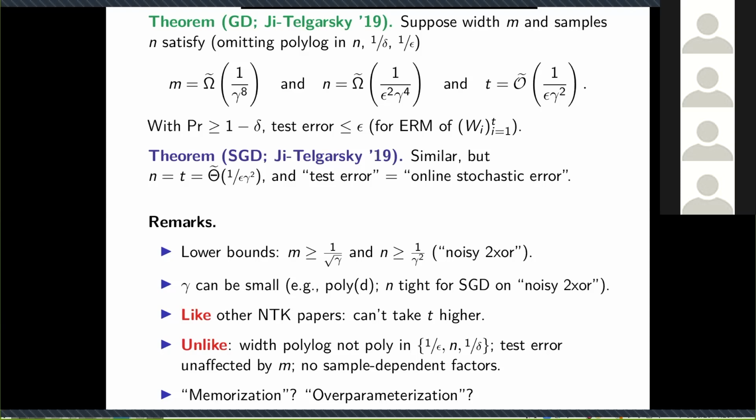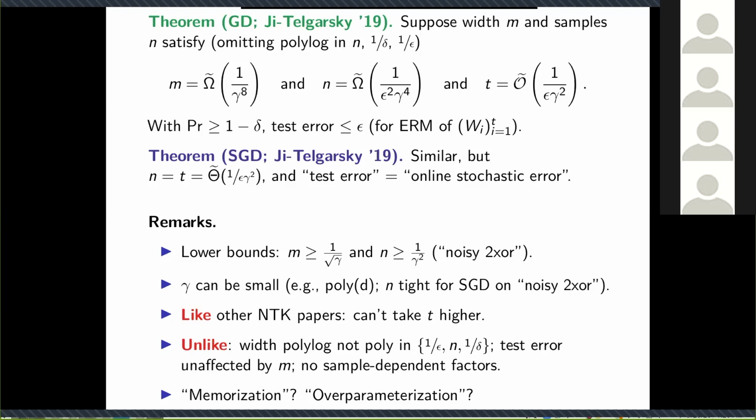And also for this sample complexity lower bound. In the prior paper by Wei, Lee, Liu and Ma, they proved a sample complexity lower bound of d squared for noisy 2XOR. And in our paper, we calculate the margin for noisy 2XOR to be 1 over d, which means a 1 over gamma squared sample complexity lower bound.